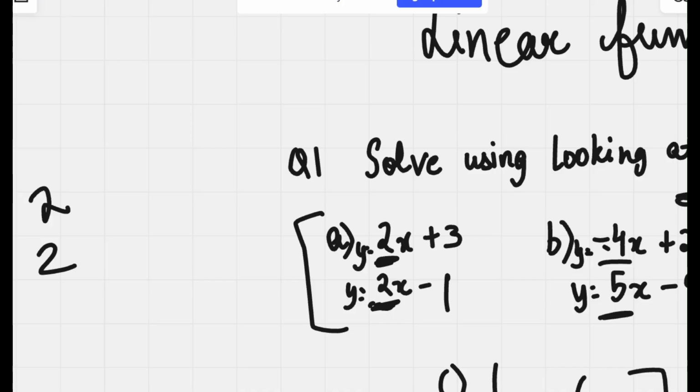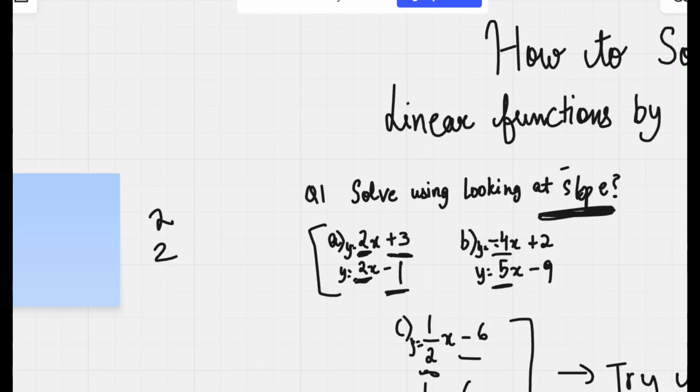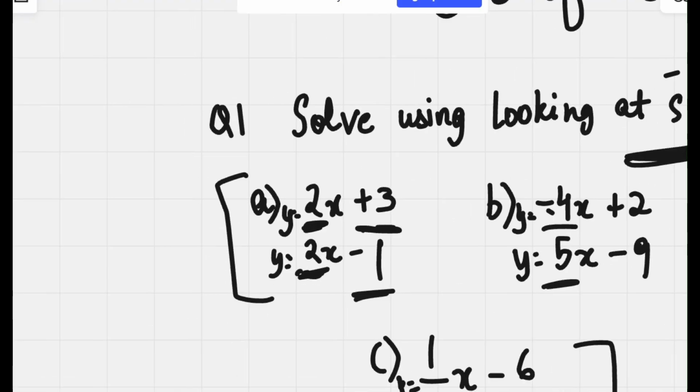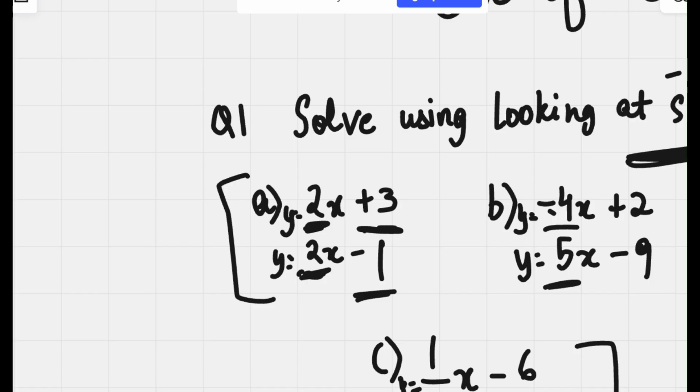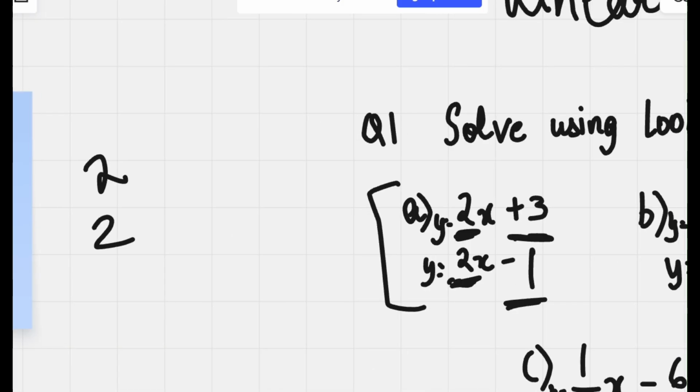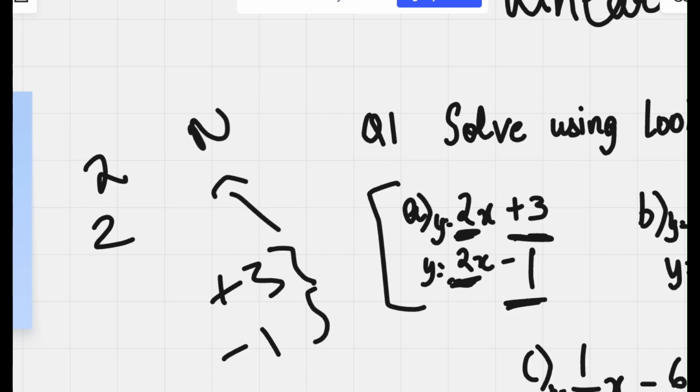And remember, when we talked about the same slope, I also mentioned that if they have the same y-intercept, they're going to be intersecting each other infinitely. But if they don't, they're not going to be intersecting each other. And here, our y-intercepts are +3 and -1. So that means that these lines have no solution.